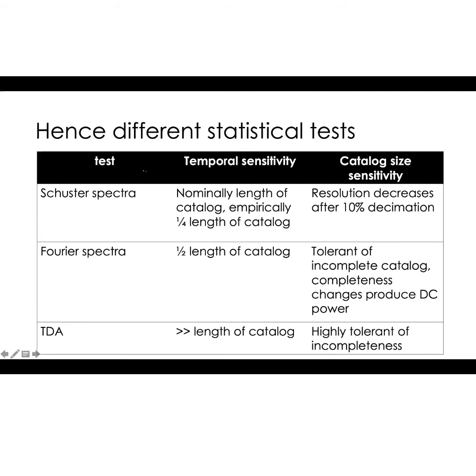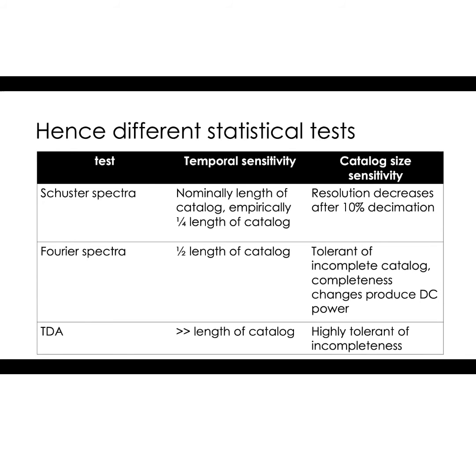And so then back to my argument that we should try to use different statistical tests to maximize our ability to look for this temporal structure relative to the renewal interval of the system. We're going to use 3 different approaches.